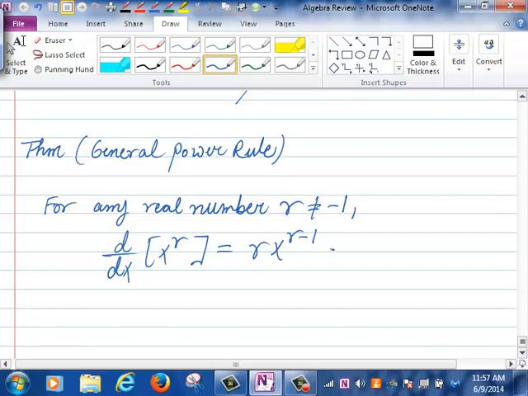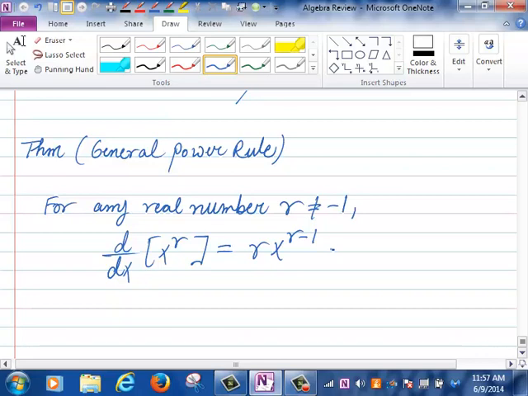So what this is saying is that in the first power rule I said the exponent was a positive integer. Now I'm saying the exponent could be anything at all except for -1, and the power rule still applies. I'm sorry, what am I saying?